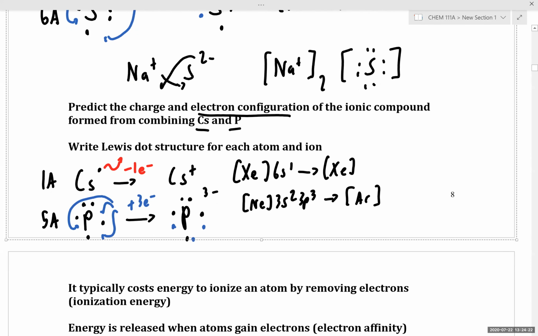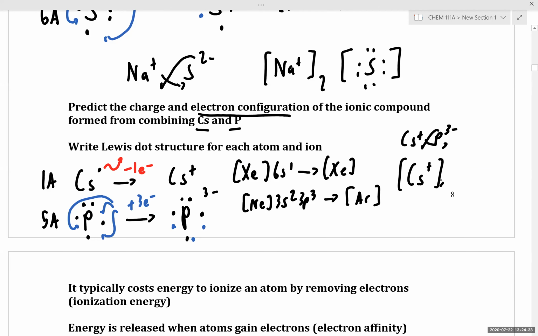Now crossing our charges for cesium plus and phosphorus 3 minus, we have 3 cesium pluses for every 1 phosphide anion. Perfect. Any questions on this example?